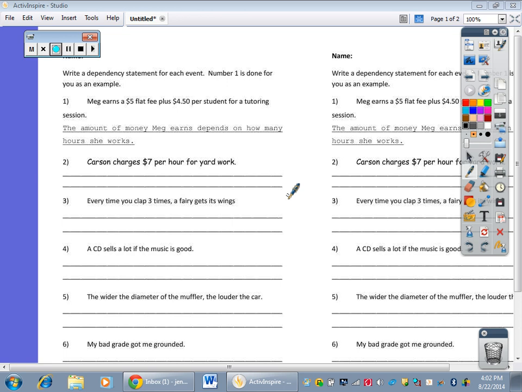Number 2, Carson charges $7 per hour for yard work. Again, we're talking about an amount of money that Carson gets per hour of yard work.